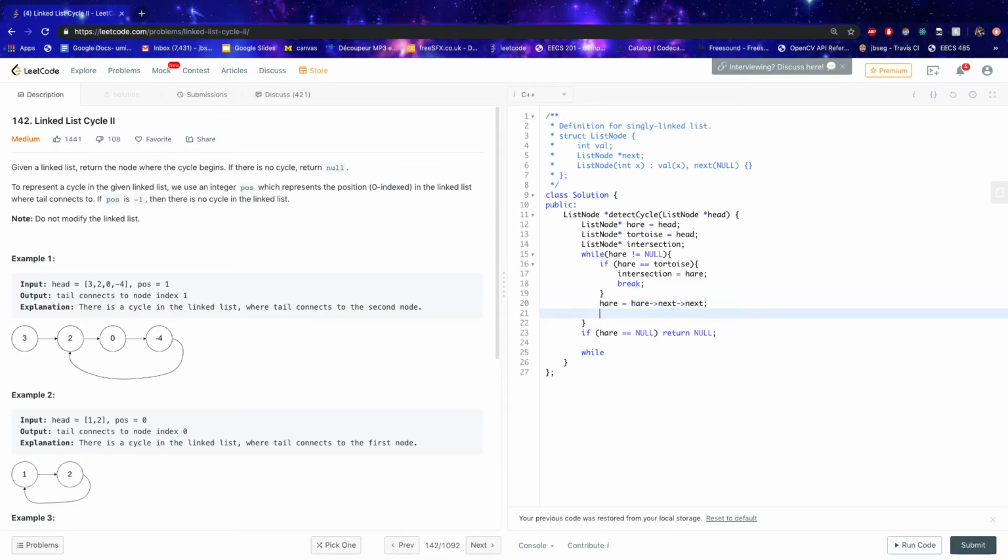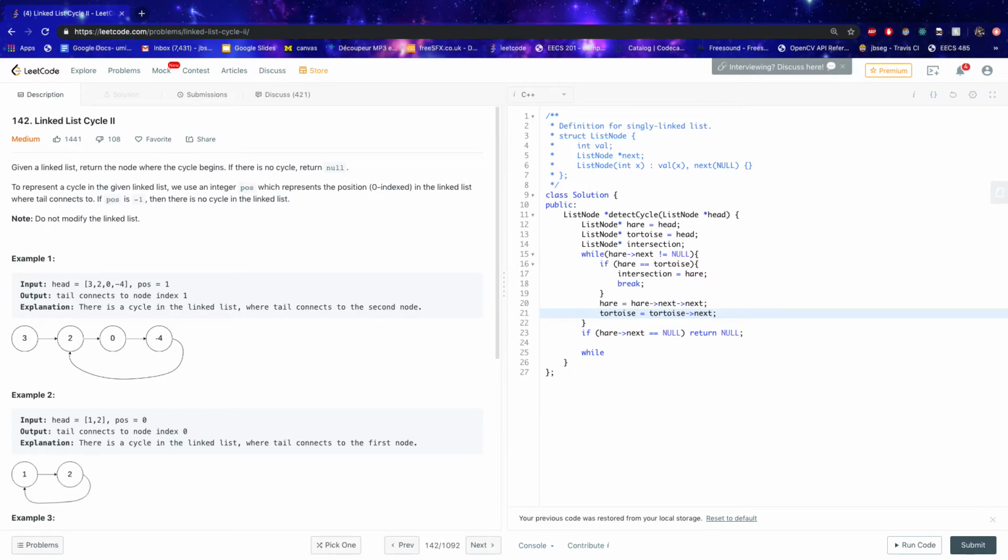Well, I could already see a problem with that one because it's going to next, so we can't. What if hair next doesn't equal null? I don't know, we'll go over that. So then hair gets hair next, and tortoise gets tortoise next.